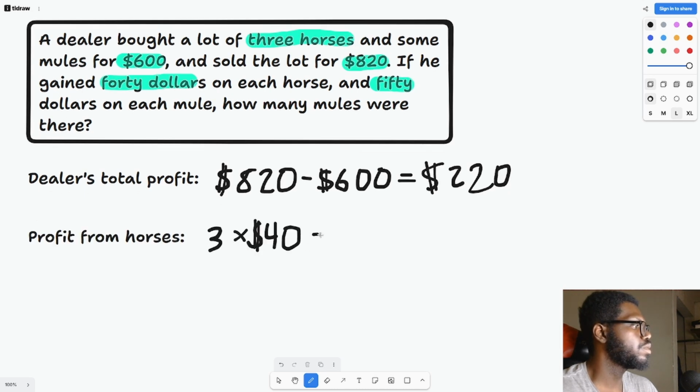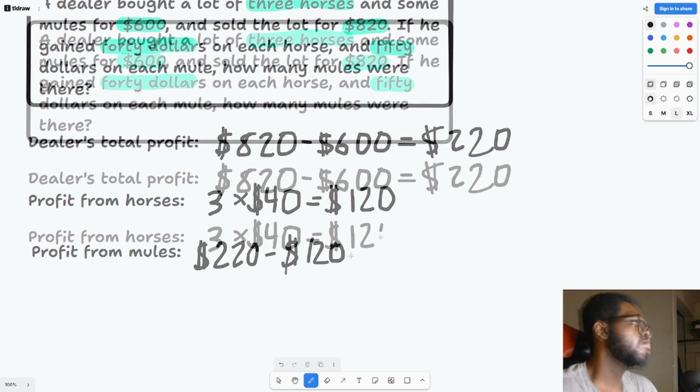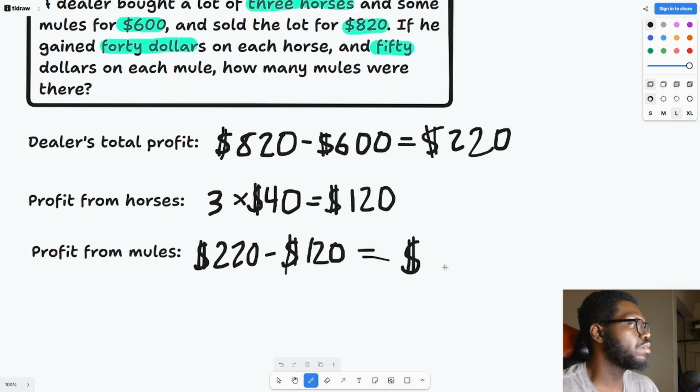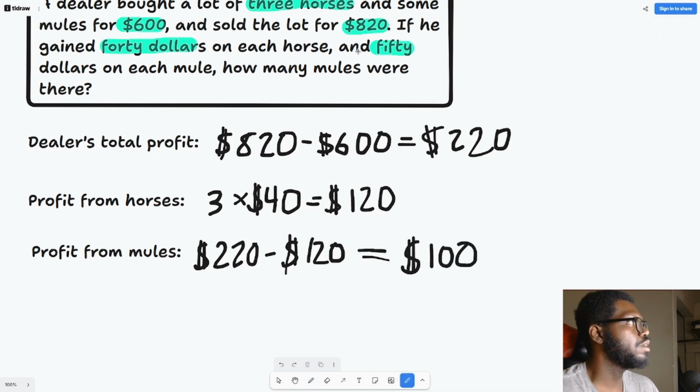Since the dealer had 3 horses and he made $40 in profit from each horse, this is just going to be $120. So the profit from the mules is just going to be $220 minus $120, which is $100. And since we know that the dealer made $50 from each mule, that means that there had to have been 2 mules because 50 times 2 is 100.